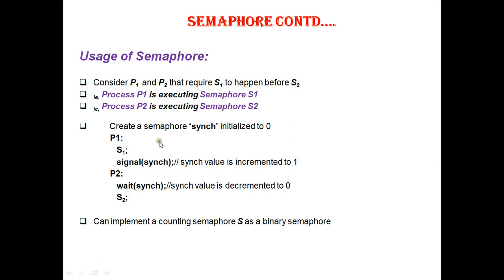Now, if we see here, take a variable called synchronization and initialize it to 0. When process P1 is executing, S1 will be executing, and it will provide a signal with the help of the synchronization variable, incrementing the value to 1, telling that process P1 or S1 has executed.